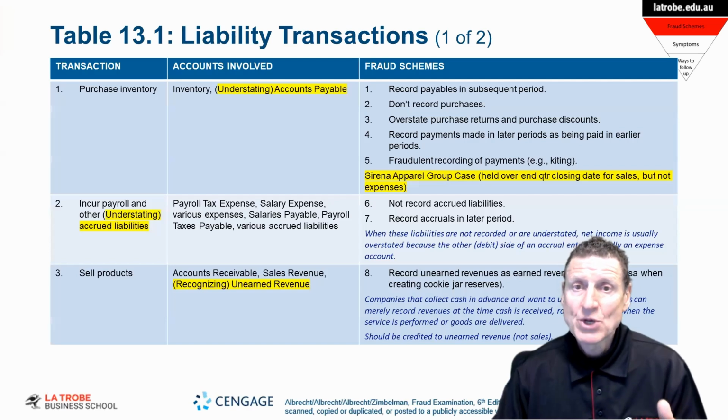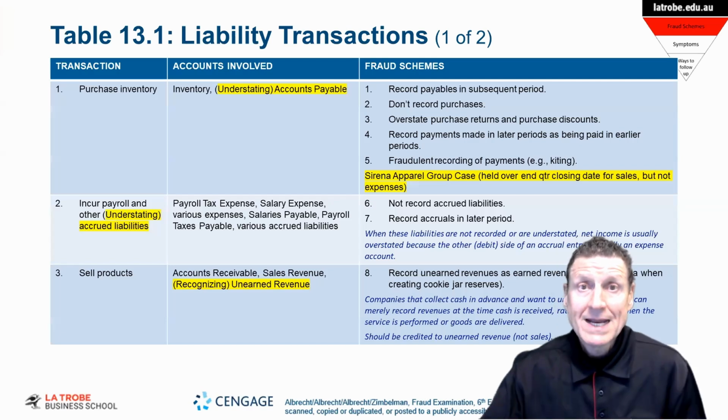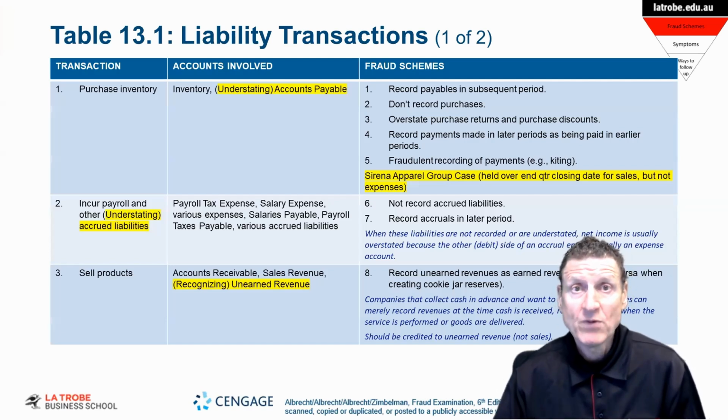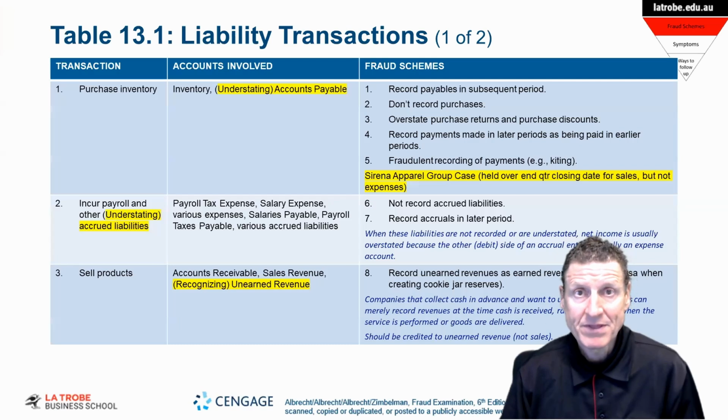In the Serena Apparel Group case, they held over the quarter closing date for sales, but not for expenses. What they did was, for the end of this quarter, maybe the end of June quarter, let's make sure that any sales that occur in the first 3-4 days of July are recorded, brought forward to the closing date of 30th of June.